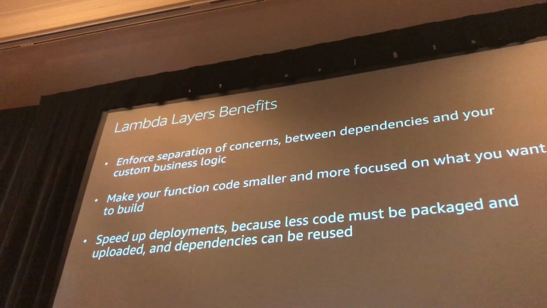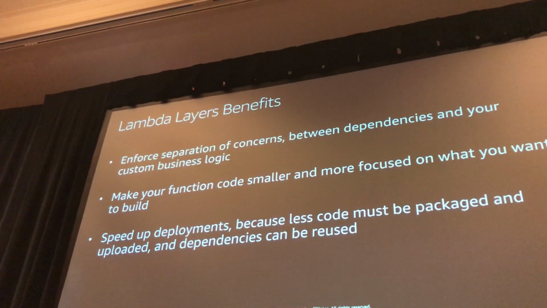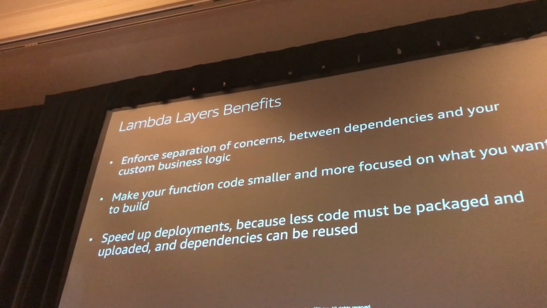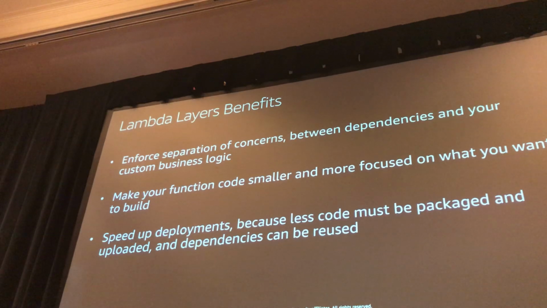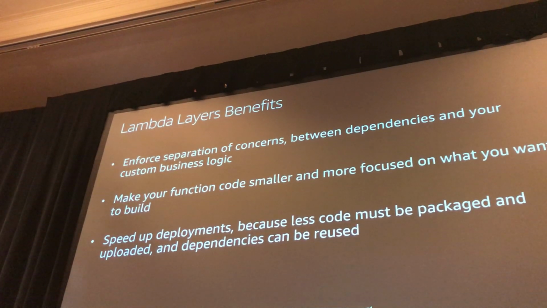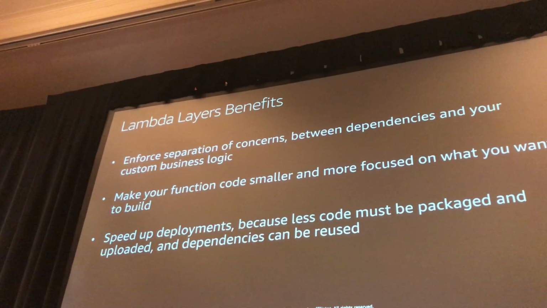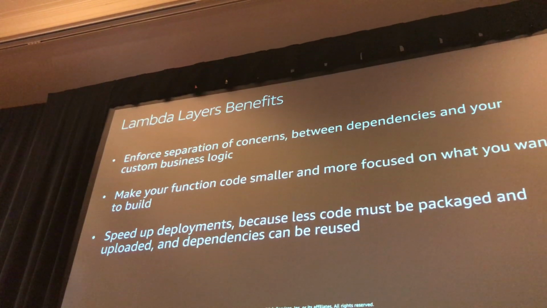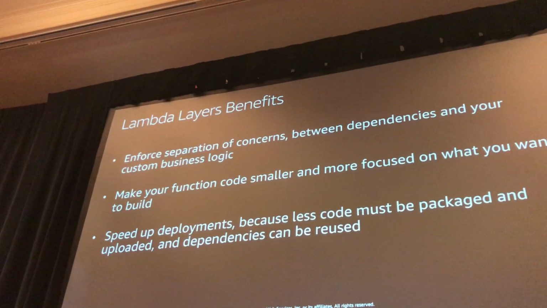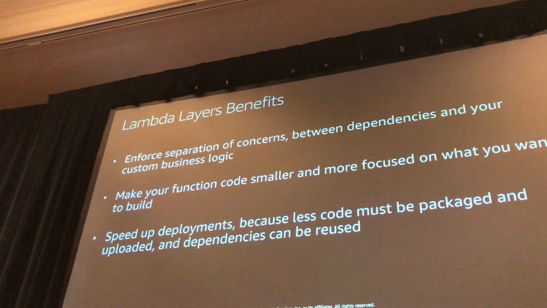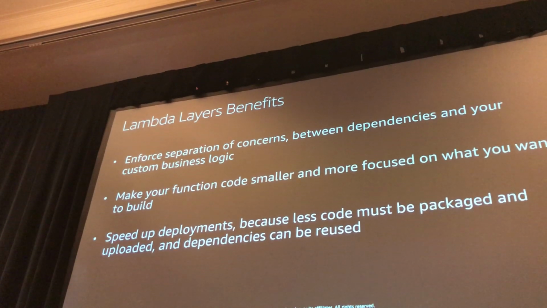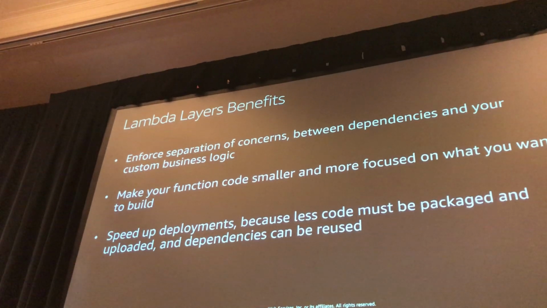It's making the function code smaller and more focused, because now if you work with a function, we will be able to say use those layers that include all my dependencies, and my function code will be very small, maybe easy to manage. Also the deployments are much faster, because currently if you need to redeploy a function and you need to change maybe one line of code, you still need to bring all the dependencies that could be megabytes.